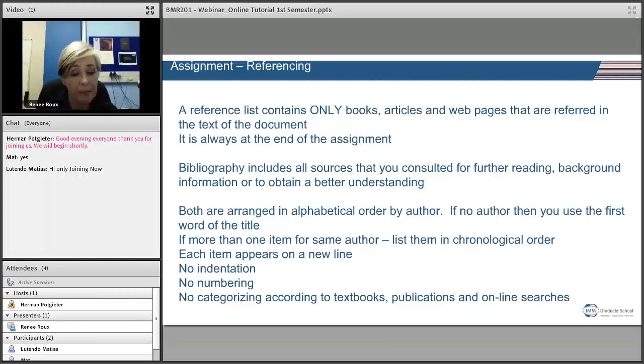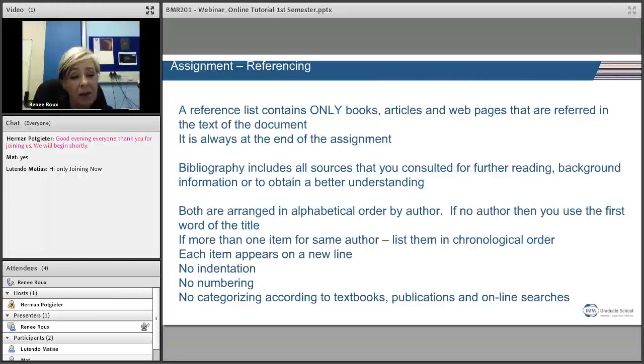Now, again, the sources must be in alphabetical order by author. So you use the author name to sort your sources in alphabetical order. But sometimes a source doesn't have an author. Then you use the first word of the title to order it in alphabetical order.